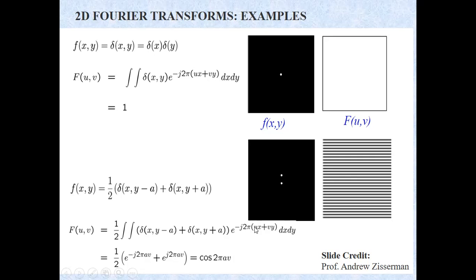Those give rise to e power j 2 pi u a. Because in x direction there is only an impulse at 0, dx will give only 1. But for dy, there will be an exponential at a y and an exponential at minus a y. That has given rise to these two terms, and hence you have a cosine signal.